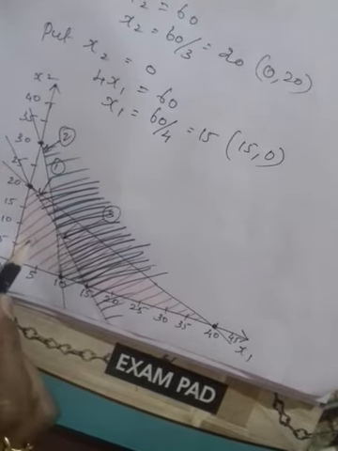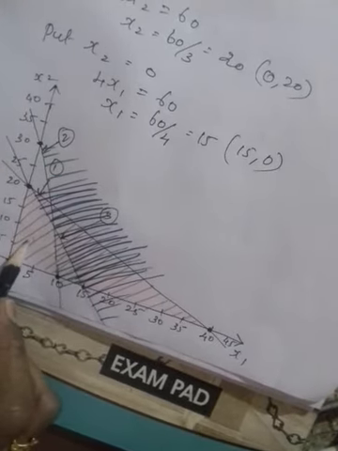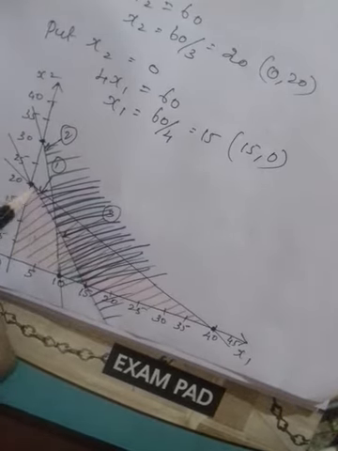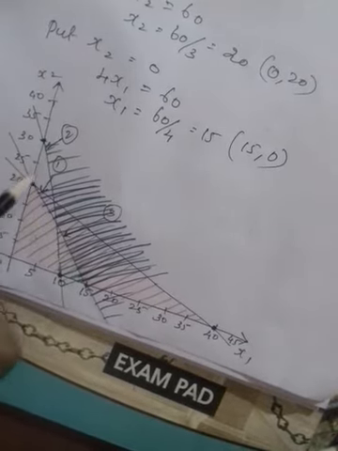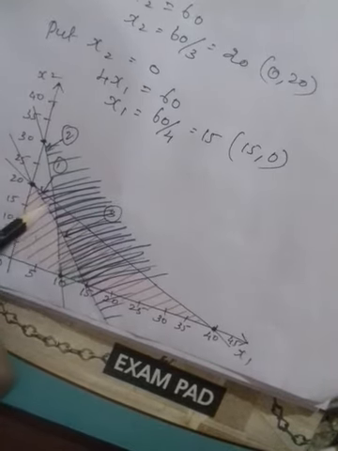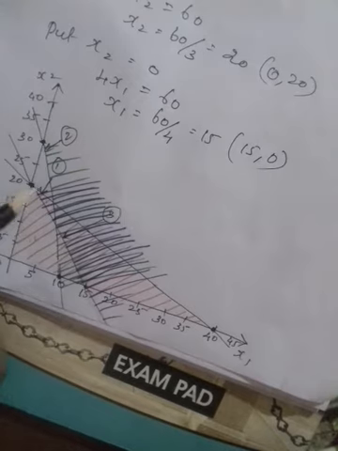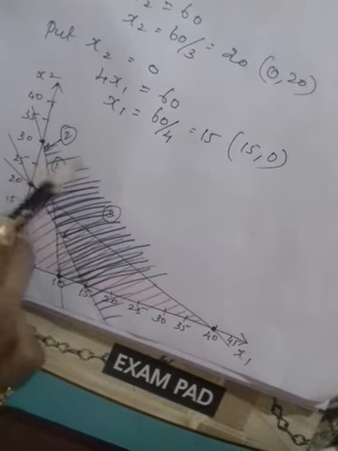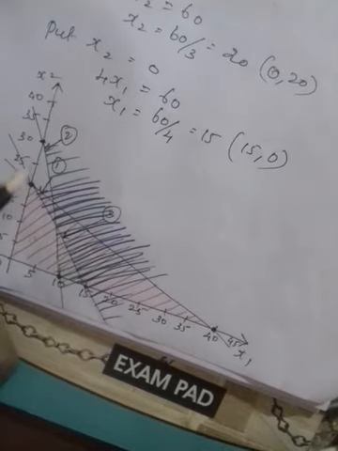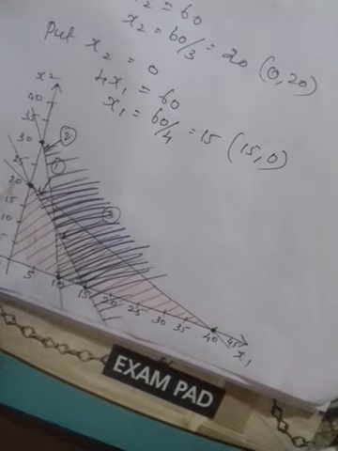If you take this area, here only equation 1 is coming, equation 2 is not getting satisfied. Here you can't identify any color, so this area you should not take.